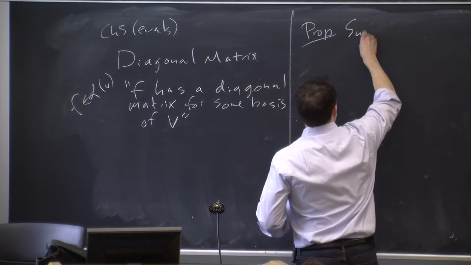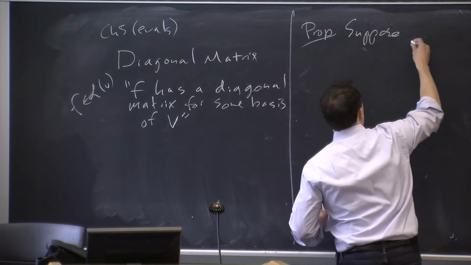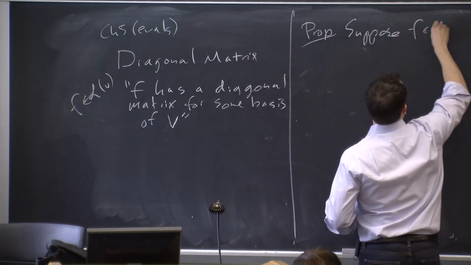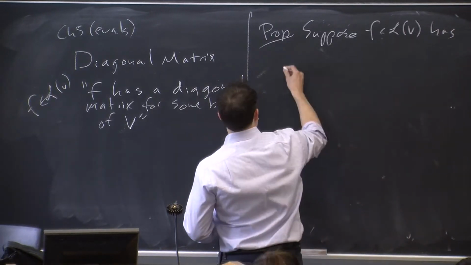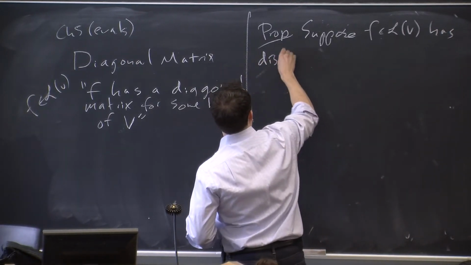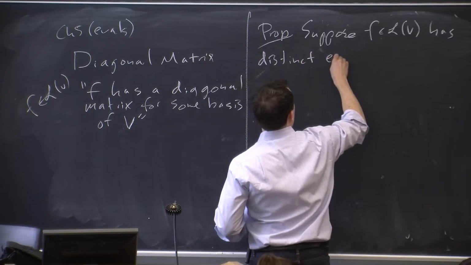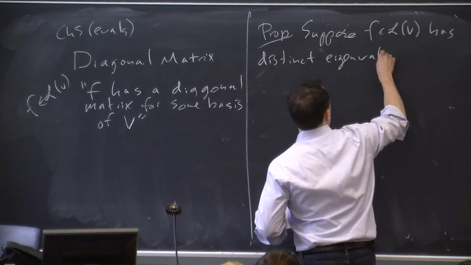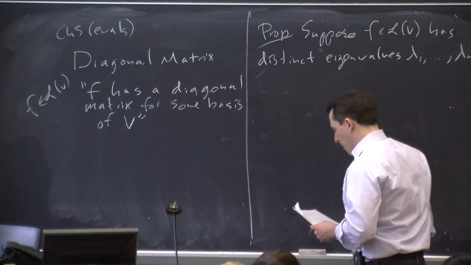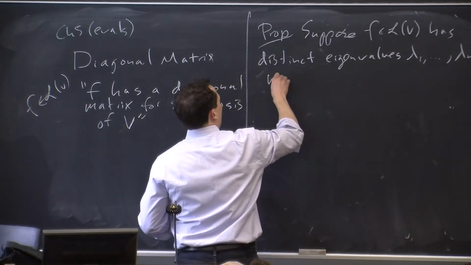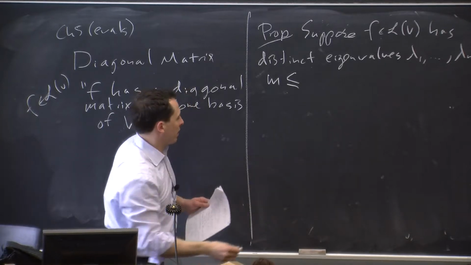Suppose F in L(V) has distinct eigenvalues lambda 1 up to lambda m. Now, we're not saying that it has dimension of V distinct eigenvalues.